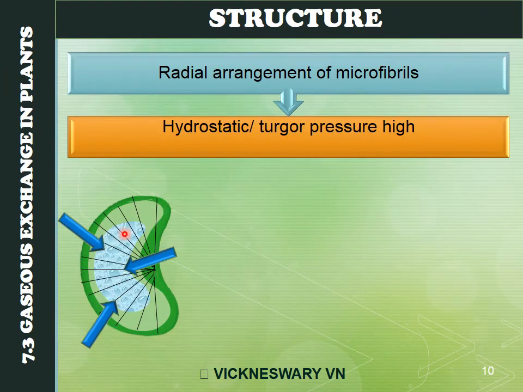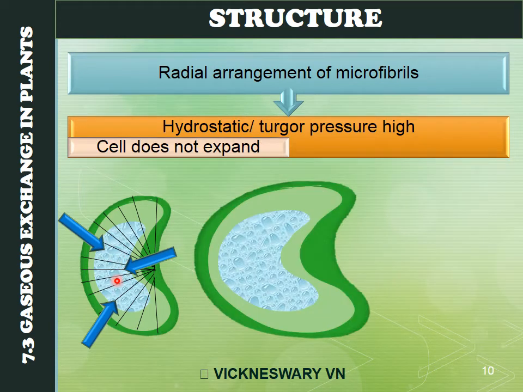So what happens is, when water diffuses in by osmosis and the hydrostatic pressure or the turgor pressure starts to push onto the cell wall, you find that the presence of these radially arranged microfibrils prevent the cell from expanding, meaning that the cell will not get fatter or rounder.